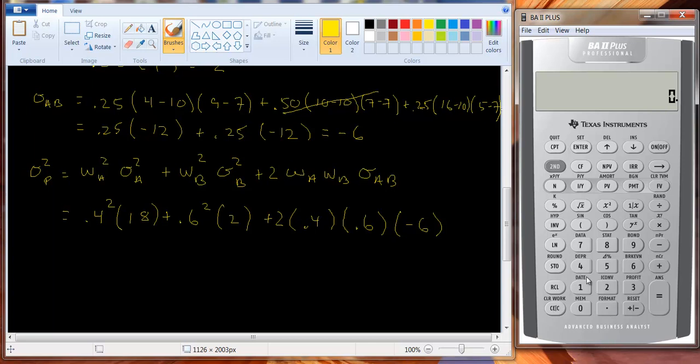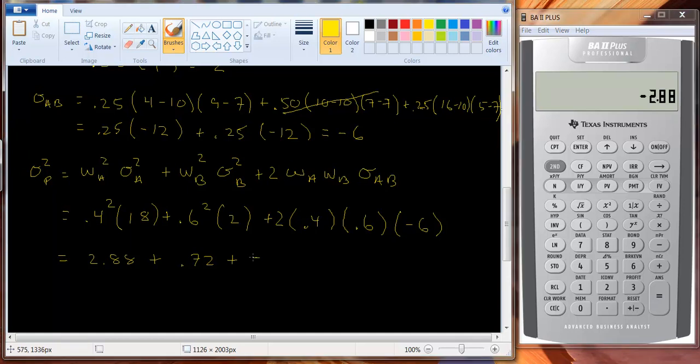We have 0.4 squared, 0.16, times 18. So the first term is 2.88, plus 0.6 squared times 2, which is 0.72, plus 2 times 0.4 times 0.6 times -6, so this is minus 2.88.